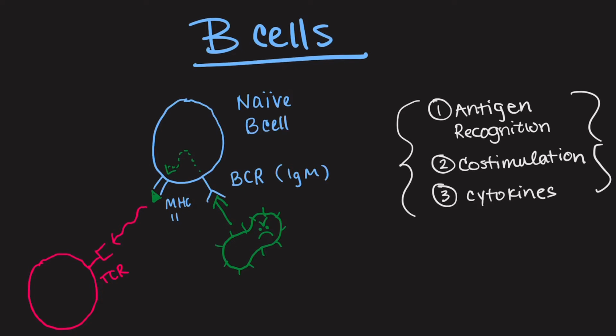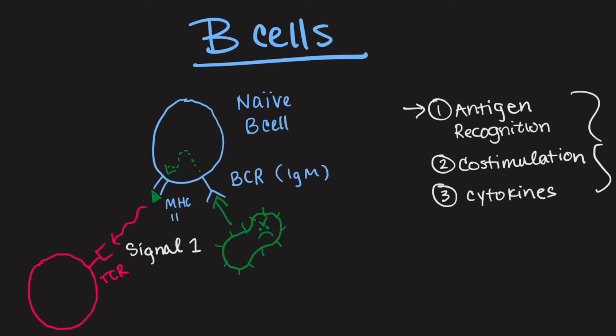And of course, this is a very specific T cell, specific TCR for that antigen MHC. It's not just any T cell. It just is by chance it runs into a T cell that can recognize this antigen. And that is what we call signal number 1. And that is our antigen recognition step. So this one right here.